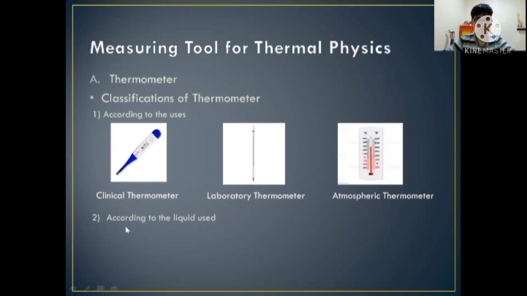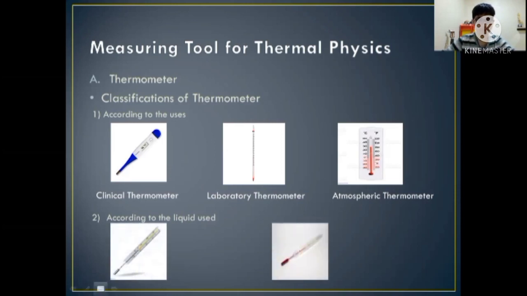Now, according to the liquid used, here are some examples that I'll show you. This thermometer and this thermometer are of course different. As you can see, this one has a black liquid and this one has a red liquid. But don't get me wrong, they're not using black ink and red ink.